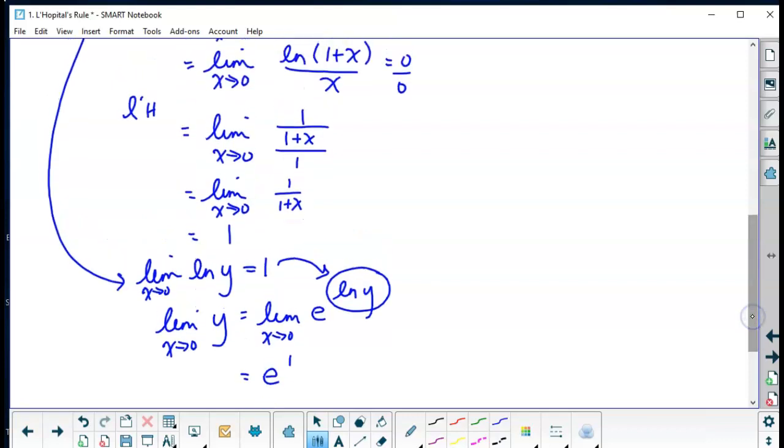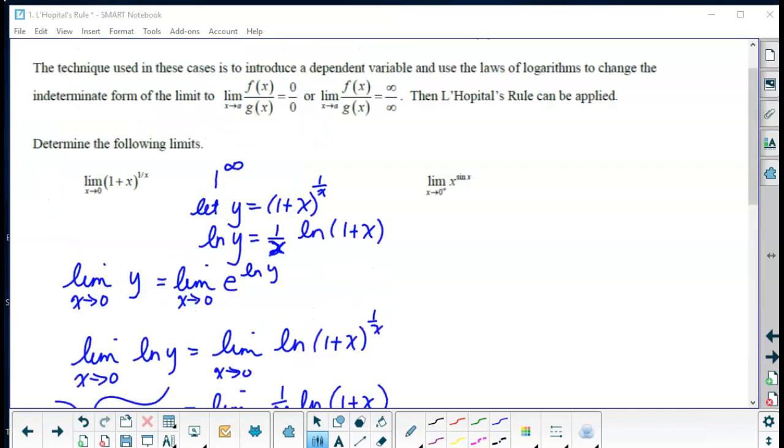If we take a look at this. All right, so here, if we substitute 0 in, we get 0 to the 0, indeterminate form. All right, so then we're going to let y, you can use any variable, equal that relation there.